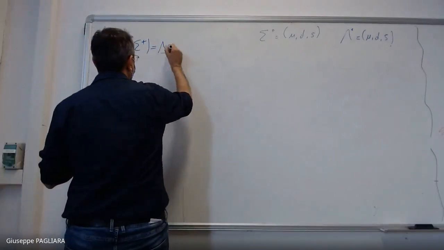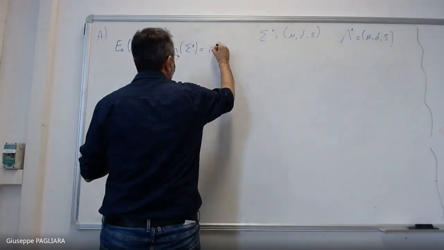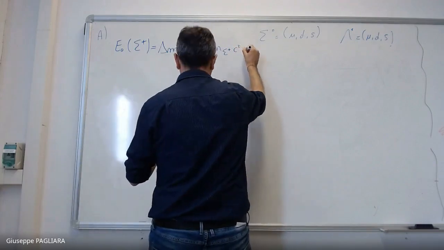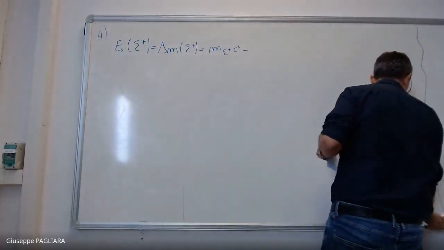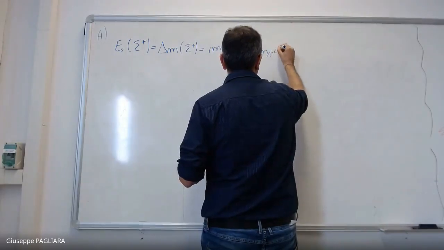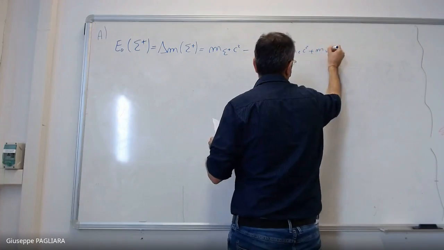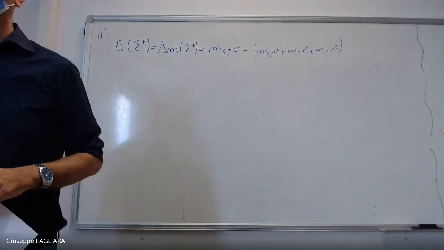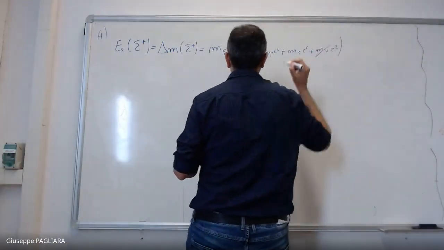So we call it delta M sigma plus. That is the mass of the sigma plus baryon minus the sum of the masses in the final state. So the mass of the lambda 0 plus the mass of the electron plus the mass of the neutrino. The mass of the neutrino we can neglect. It is extremely small.